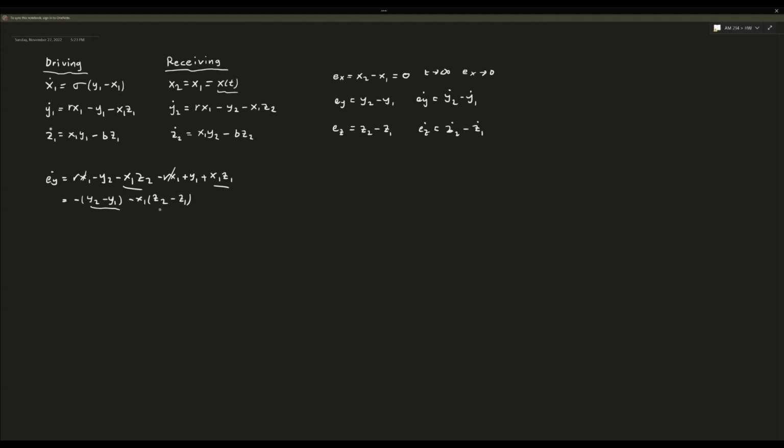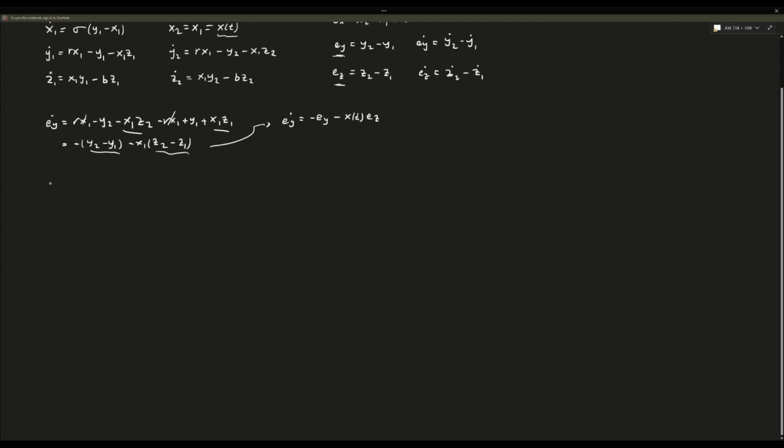We can see here this y2 minus y1 and z2 minus z1 are the error variables we defined. And so we can say that ey dot is going to be equal to minus ey minus, we'll call it x of t, times ez.